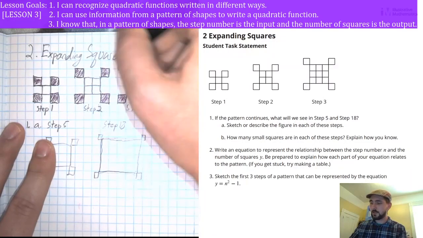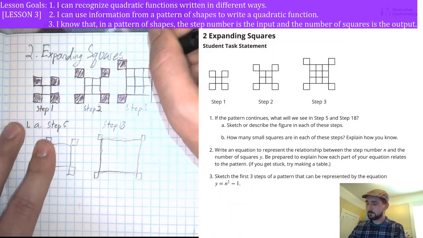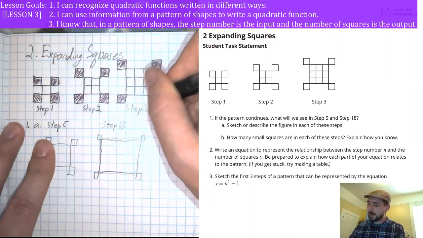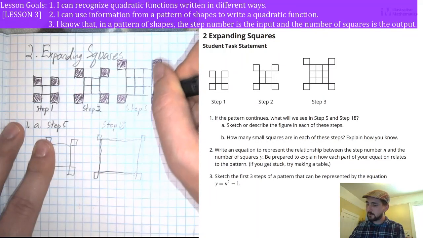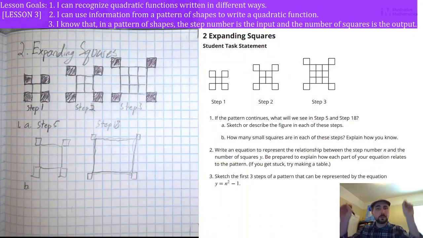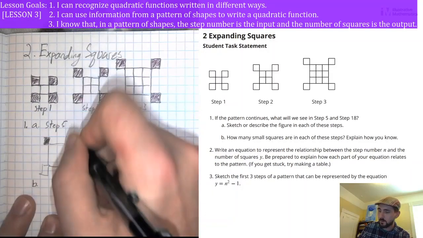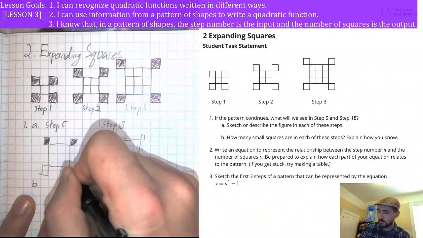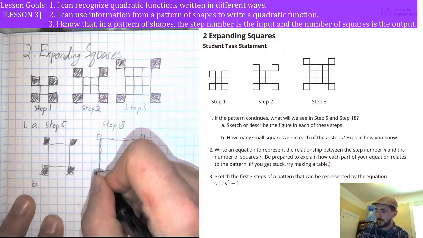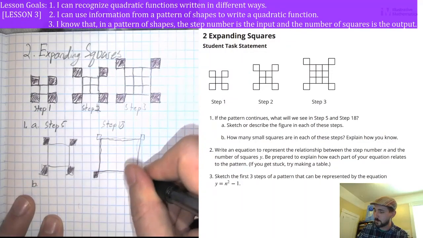But we're all trapped inside anyway, so whatever. But this really hammers home, oh right, in every single one of these steps, there's always going to be these 4 little corners, right? So in step 5, I know there's going to be these 4 little corners. And even in step 18, I know there's going to be these 4 little corners.